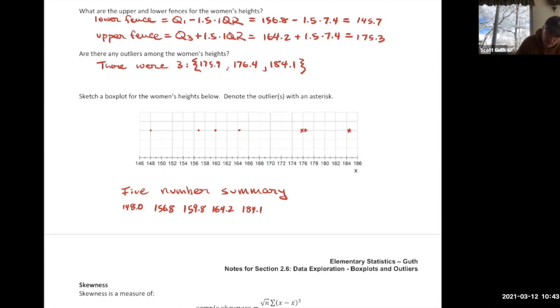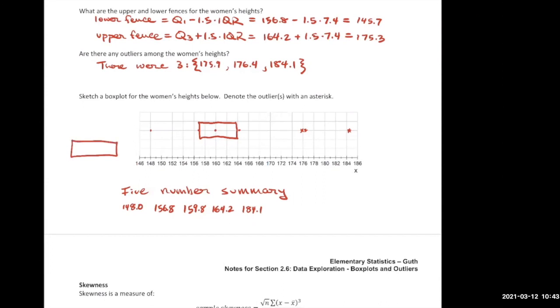Let me go ahead and try my box. That looks horrible. I'll try it again. Why are you drawing in the dot for 184.1?